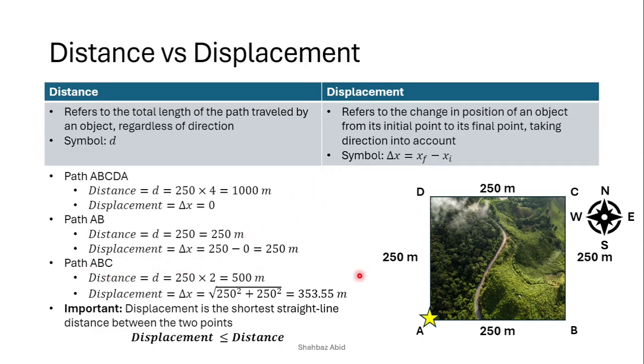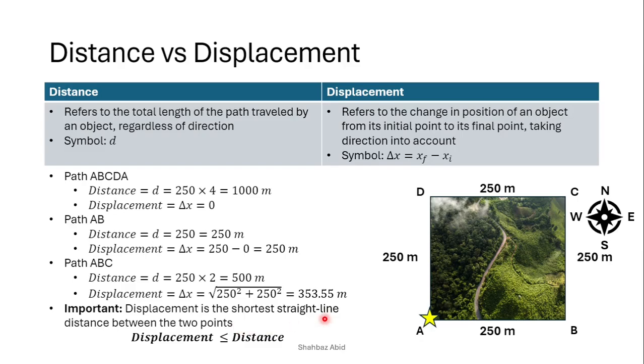Let's choose path ABC. So I have traveled from A to B and then B to C. Now the distance is going to be A to B 250 and B to C again 250 added together, so 250 times 2 is 500 meters. Now the displacement is the shortest straight line distance between the 2 points.